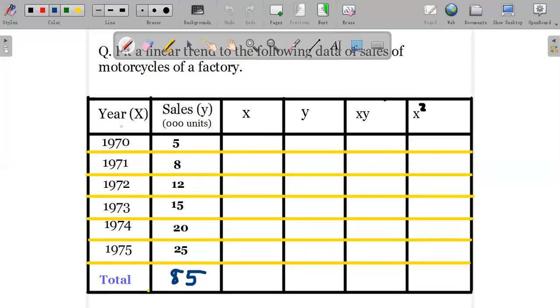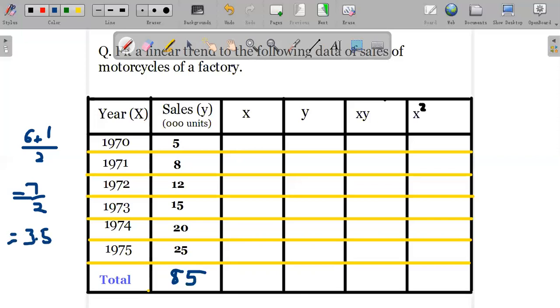The middle value: see 1, 2, 3, 4, 5, 6, six observations, so 6 plus 1 divided by 2 means 7 over 2, which is 3.5. This is the middle value.